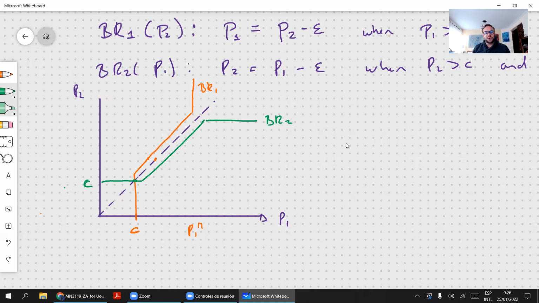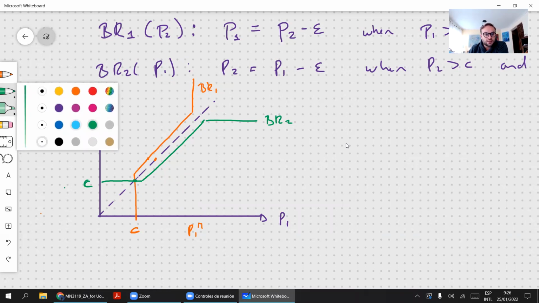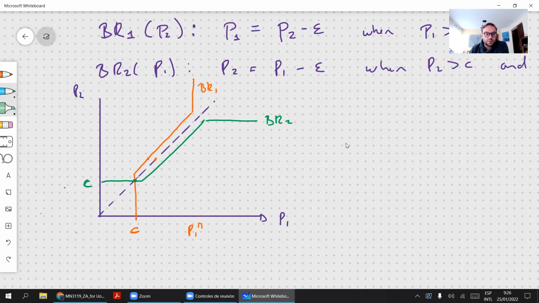So these are the best responses, and therefore I need to look for a Nash equilibrium. This is when the best response function of one firm intercepts with the best response function of the other firm, and then I can start from any point that you want. I'm gonna do a couple of drawings. Suppose that firm 1 begins with this.